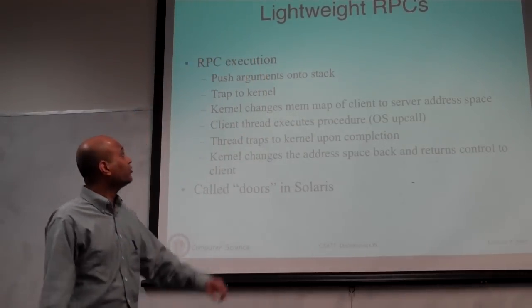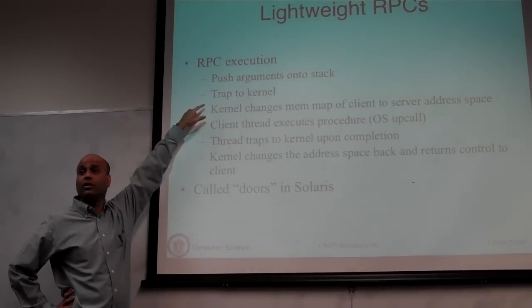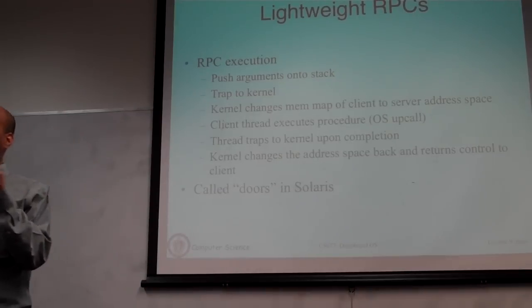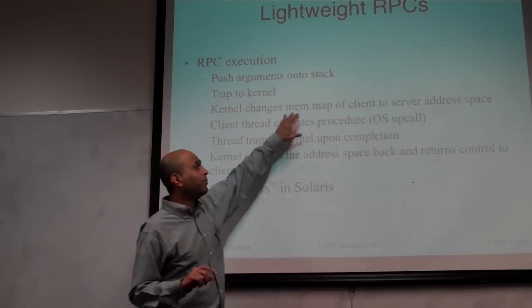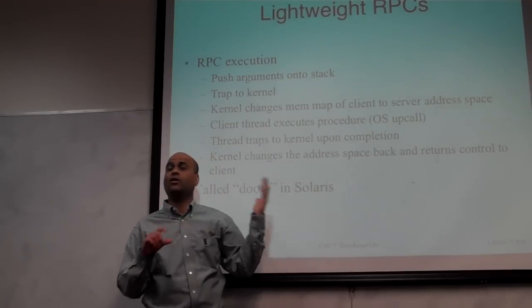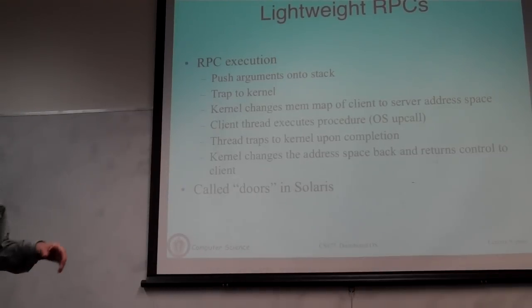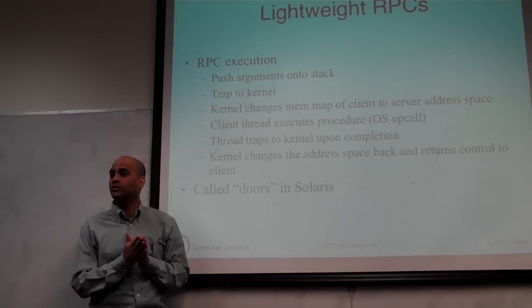So what would happen in this case is you would push your arguments onto the stack. You would trap to the kernel. And the kernel would just take those arguments, the memory region where you pushed those arguments, and simply change the memory map of the client so that that memory region becomes available to the server. And then the server is told, here is a request, and the request is held in this memory region.